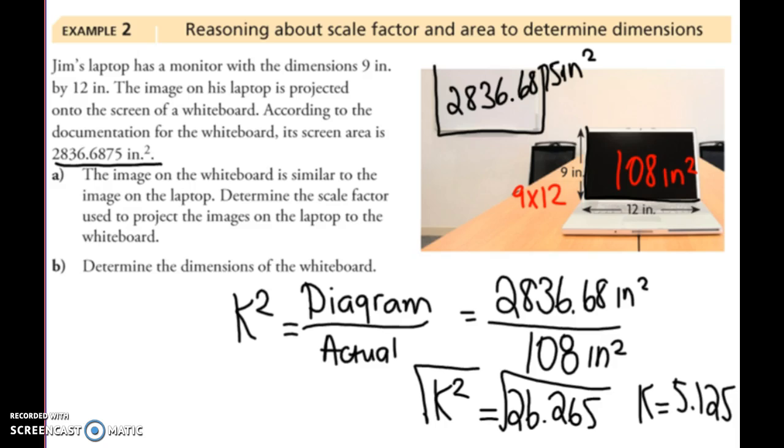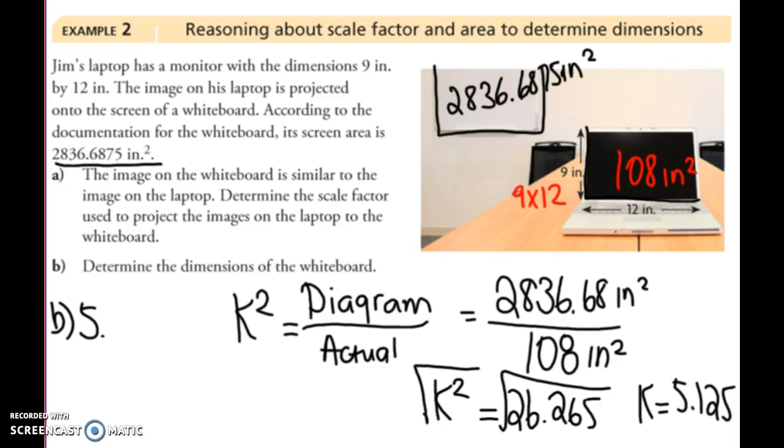Question B says determine the dimensions of the whiteboard. If it's 5.125 times larger, then we should be able to use the laptop measurements and just multiply them by 5.125.